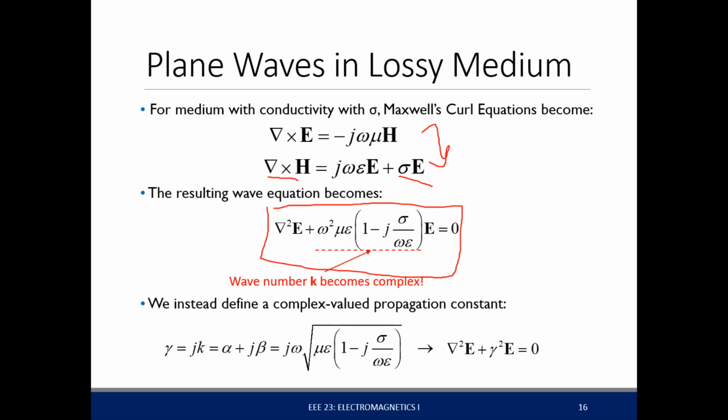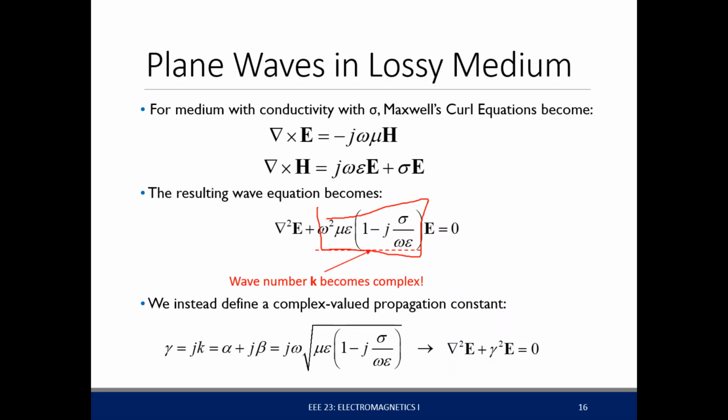differential equation right here. So this is our wave number or propagation constant. It becomes complex. So now we define a propagation constant that is complex valued. Okay?